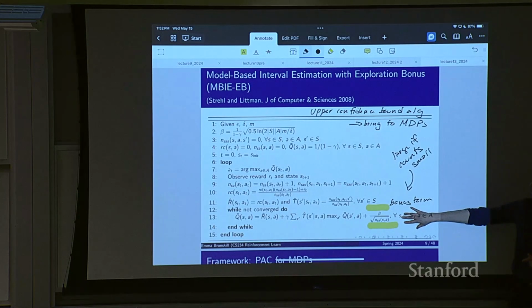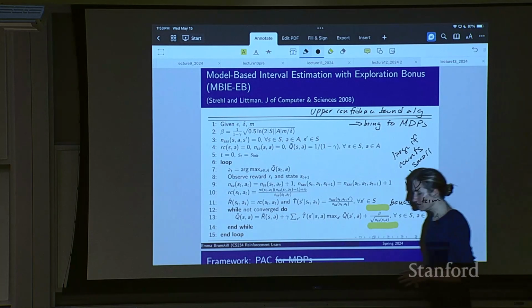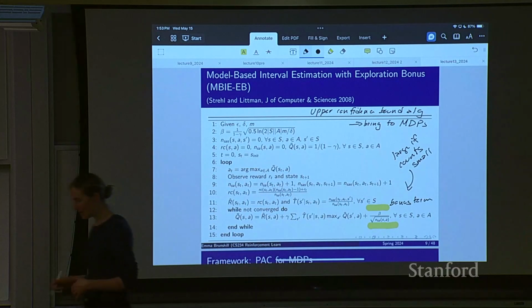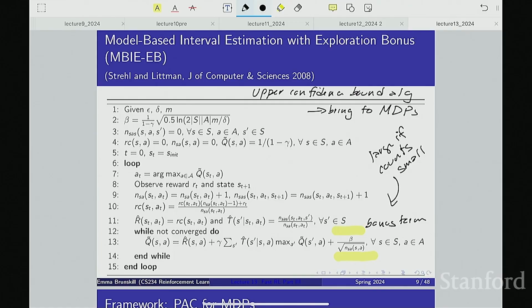Okay, because those are the parts where you're going to have these really large overestimates, probably overestimates, optimistic estimates, I should say. You're going to have these optimistic estimates of how good the value could be in those states. And the reason this is important is because this is going to work when you're doing a series of episodes, or you're working in the same MDP for a long time. What will happen is that you will explore in your MDP, and it will drive you to cover the state and action space if you think that it might possibly have good rewards in those places.